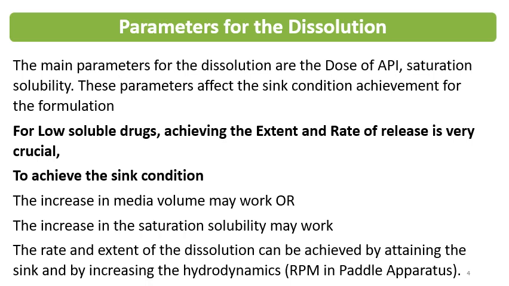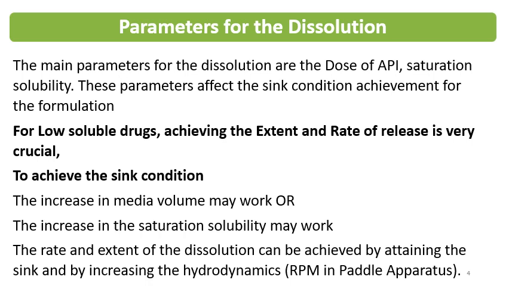So sink condition, you might know, is that if the media volume dissolves 3 times the dose, then you can say that sink condition is achieved. I have made a separate video on sink condition, so you can go through that and have an in-depth understanding about sink and non-sink conditions. For low soluble drugs, achieving the extent and the rate of release is very crucial.